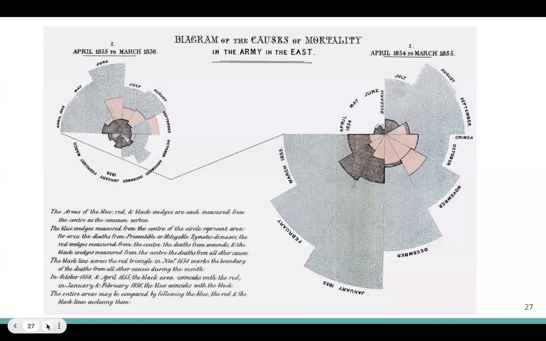The red wedges are the deaths from the wounds, actual military battlefield injuries, and black are deaths from all other causes. But the main takeaway is that most of the deaths in this particular war were from communicable diseases. So it was a public health issue even in the time of war.